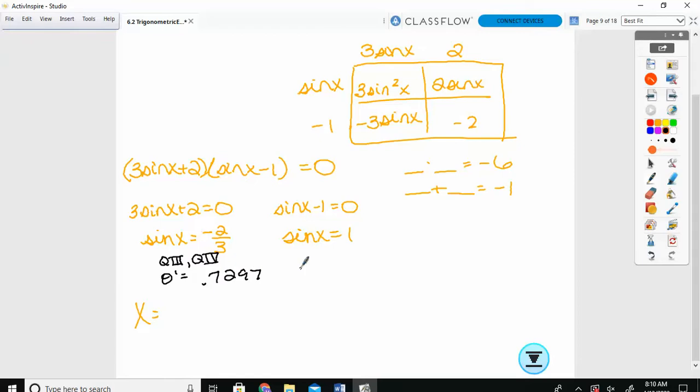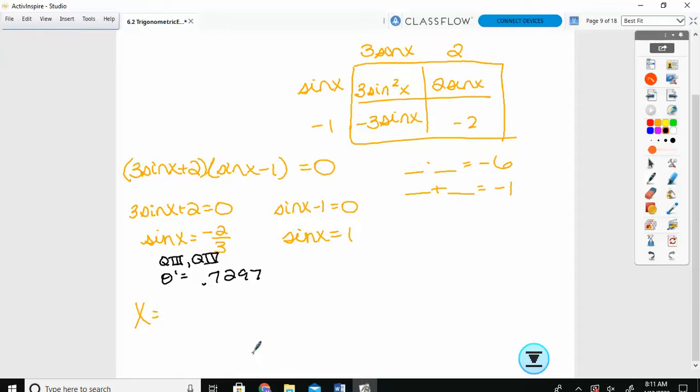The answer to an inverse is an angle. I'm not asking you to find sine of 2/3. I need to know what x is. So think, if you want to move this sine to the other side, that's when you have to do the inverse. Okay. So to put that in quadrant 3, what do we do? If we're in degrees, we do 180 plus that. If we're in radians, 180 degrees is the same as pi radians.